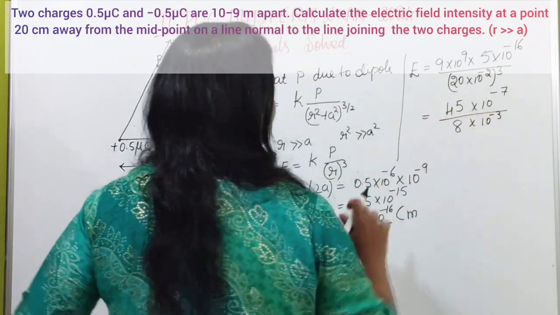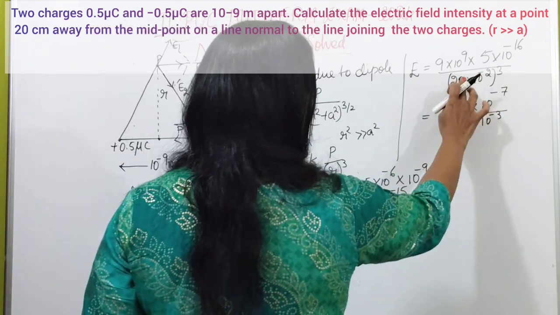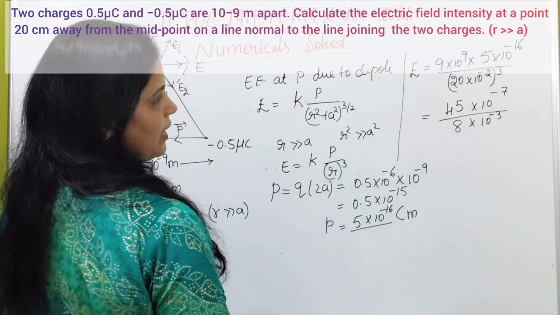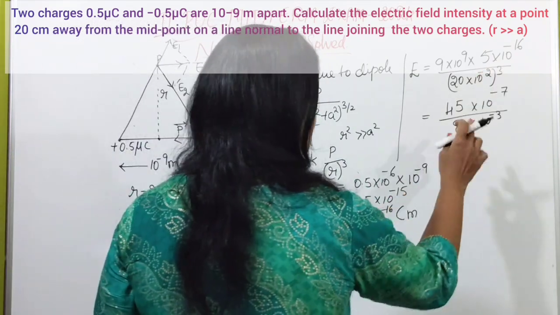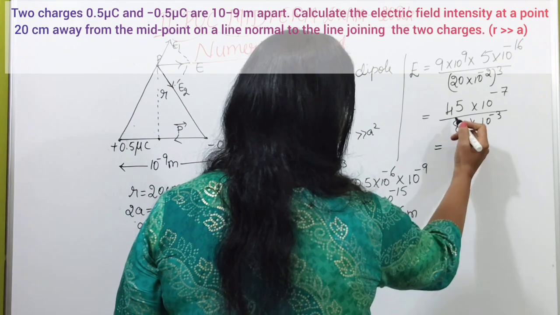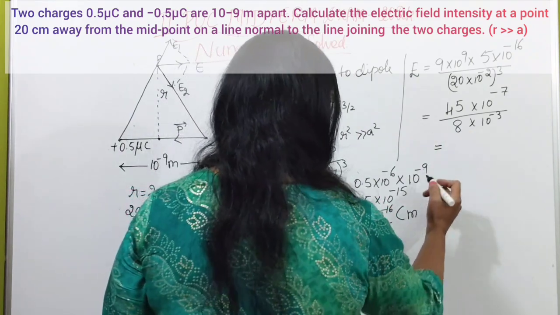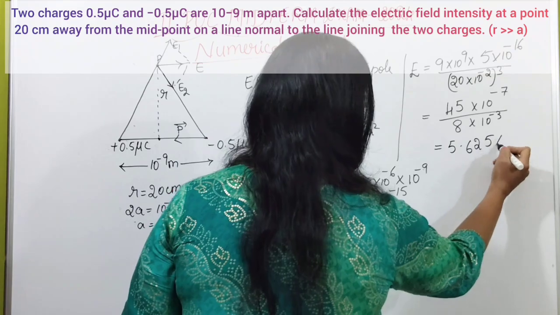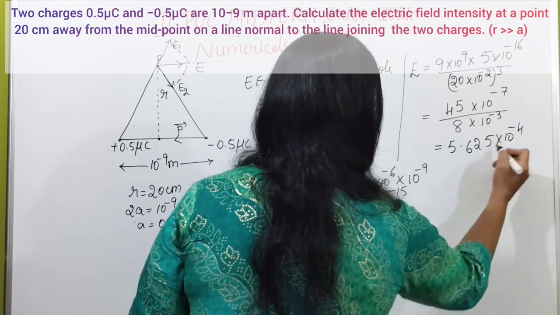So we can write 10 to the power minus 2 plus 1 is minus 1. Minus 1 cubed is minus 3. When it comes to the numerator, it becomes plus 3. So 45 by 8 becomes 5.625 into 10 to the power minus 4.